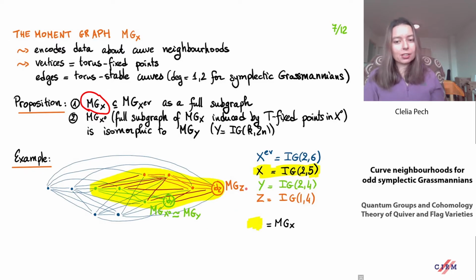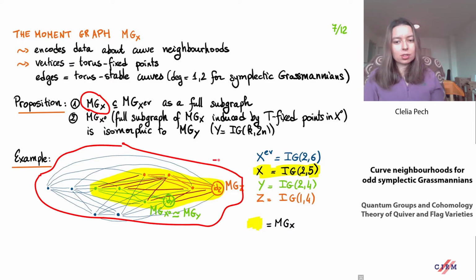The whole thing here corresponds to the moment graph of the even symplectic Grassmannian. But within this, I have the part that I've highlighted in yellow, and all the vertices and edges in there correspond to the moment graph of the odd symplectic Grassmannian. And then within this, we've already seen those two orbits Y and Z.